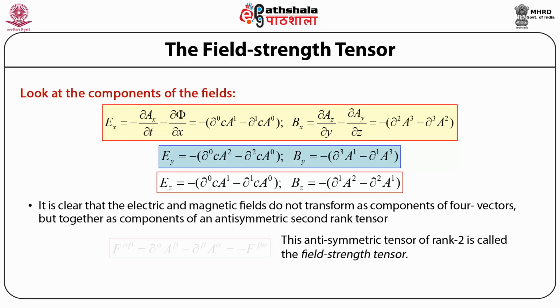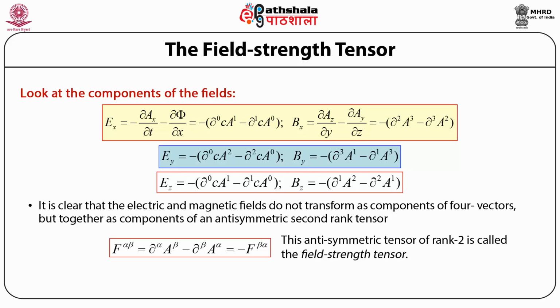is denoted by capital F superscript alpha beta, equal to del superscript alpha acting on A superscript beta minus del superscript beta acting on A superscript alpha, and this is equal to minus F superscript beta alpha.